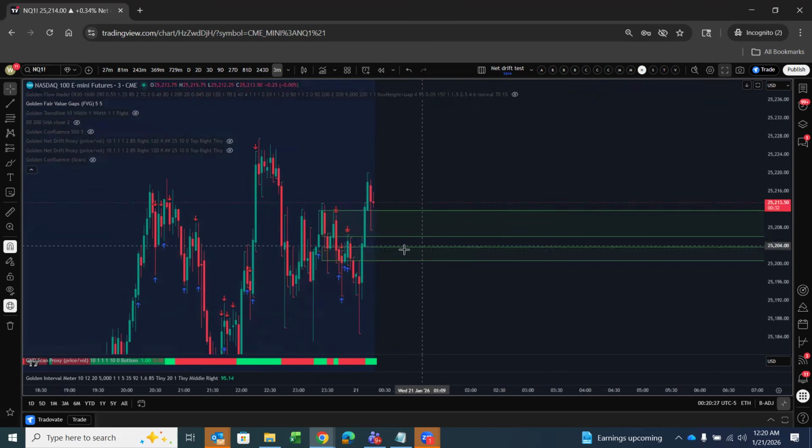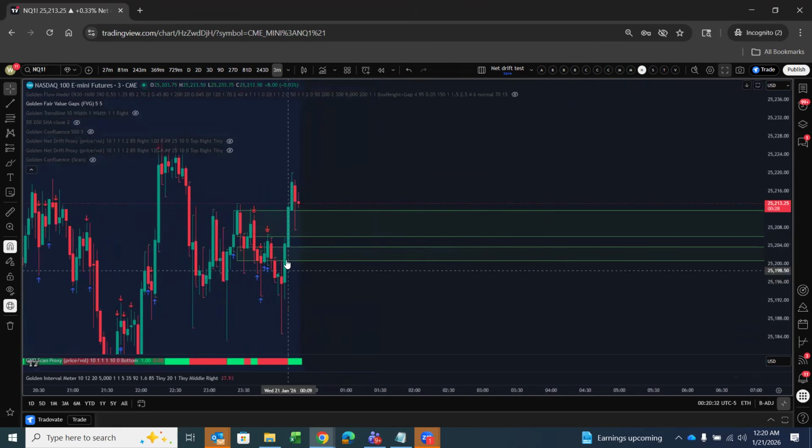So this is an example of a bullish fair value gap. It's the top of the wick of the previous candle and the third candle. So let's call this candle 1 and candle 3. So it's this difference, the space.